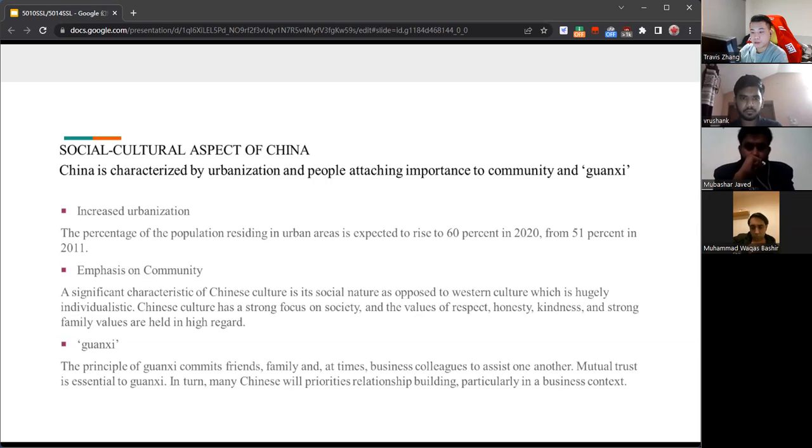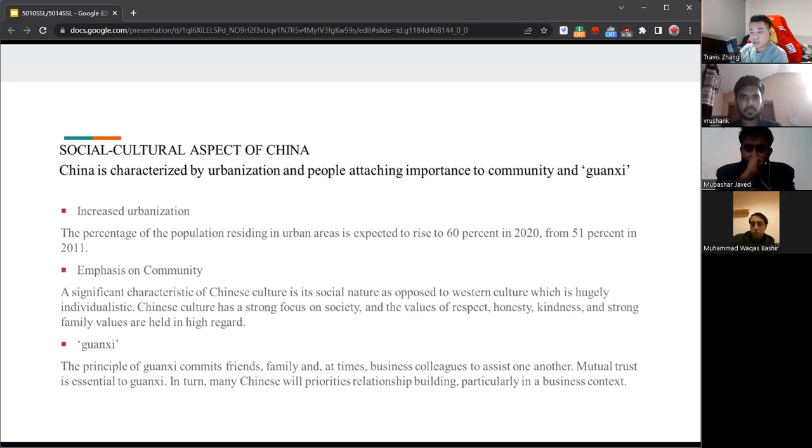Emphasis on community is a significant characteristic of Chinese culture: its social nature, as opposed to Western culture, which is hugely individualistic. Chinese culture has a strong focus on society, and the values of respect, honesty, kindness, and strong family values are held in high regard.